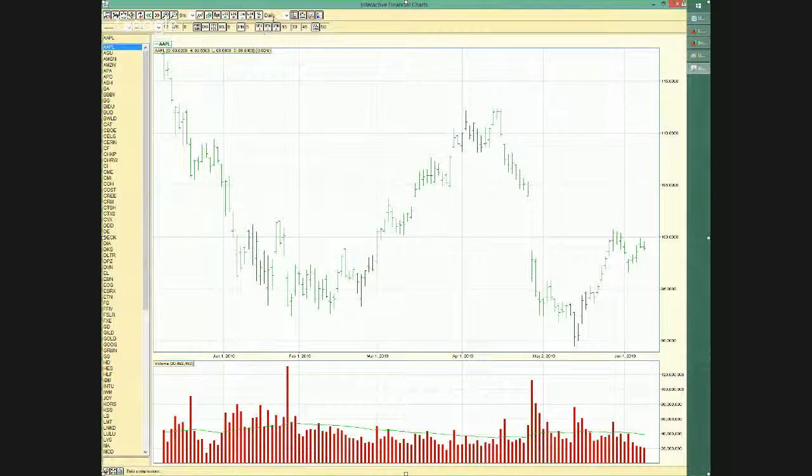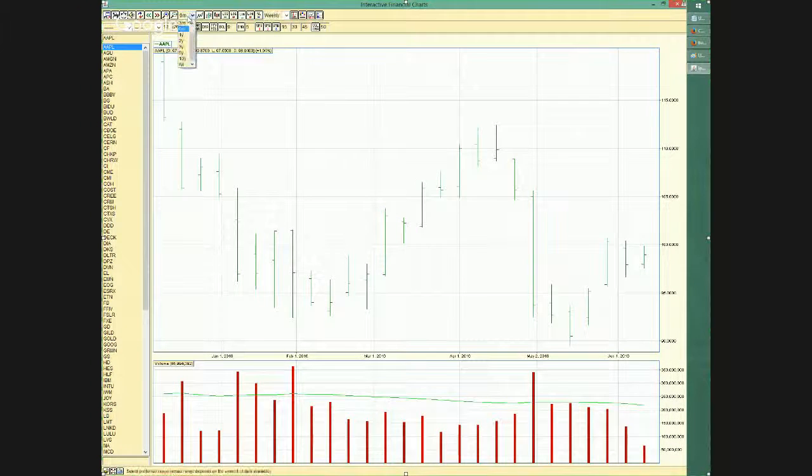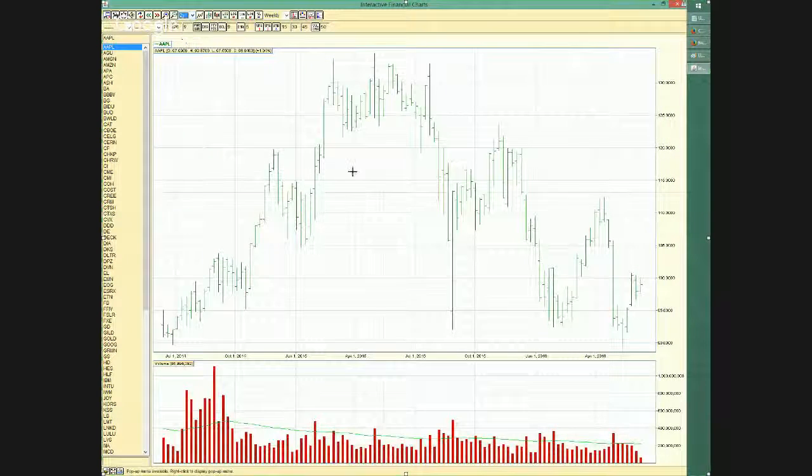So Apple may not be the best candidate. I'm looking at a 6-month chart, but let's look at a weekly chart. 2 years. What you want to be able to identify is clear support, clear resistance, and the more times it's been tested, the better. Apple doesn't look like it's a very good candidate for us. Let's go down the line.